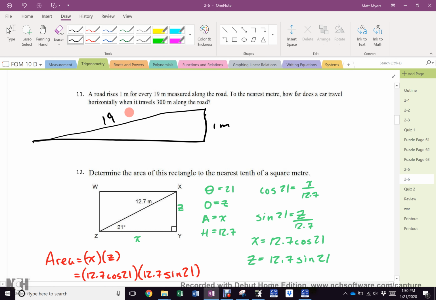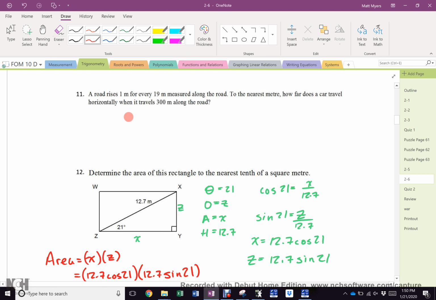Now, the question says the hypotenuse is how long now? 300. Right? So now I have two triangles, don't I? I have this black triangle: 19 and 1. But I also have this red triangle that looks like this: 300 and, I don't know.